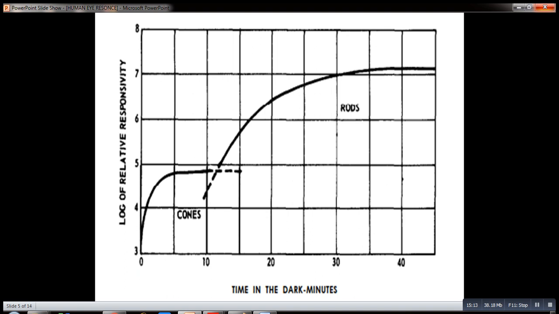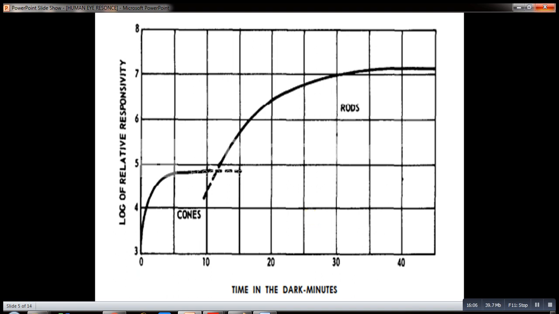From this figure we understand that if we transfer from the light adapted state to the dark adapted state, we need at least 30 to 45 minutes, while if we transfer from the dark adapted state to the light adapted state, we need 3 to 5 minutes.